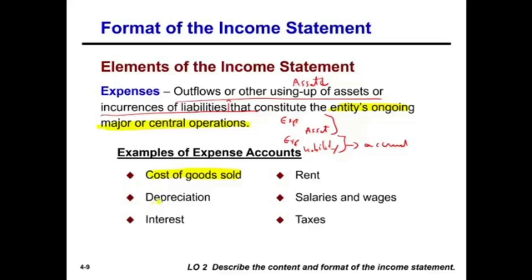If a company has plant assets, it will have depreciation expense. If they borrow money, they'll have interest expense. They might be renting something. They will have salaries and wages for employees, taxes, and insurance. Any expense that helps run the company is considered an expense.